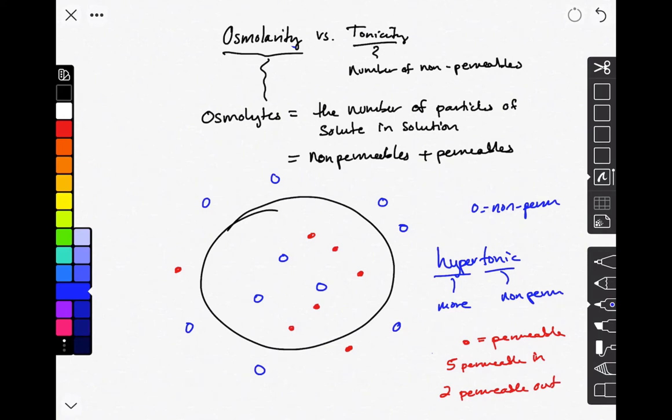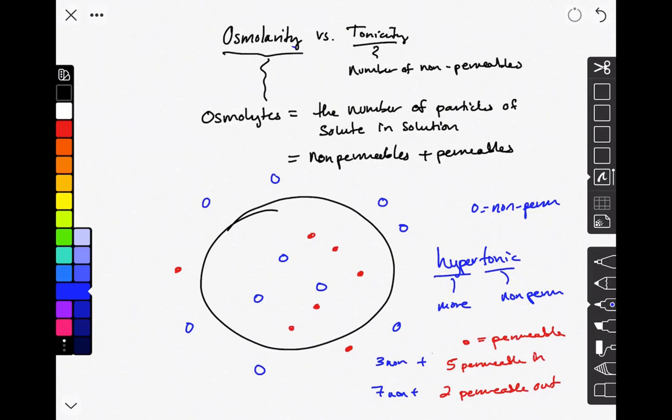If we look at the non-permeables, I have 3 on the inside, and I have 4, 5, 6, 7 non-permeables on the outside. Now, in this case, what this means is that I've got 8 osmolytes in and 9 out, which would make it an ever so slightly hyperosmotic environment.